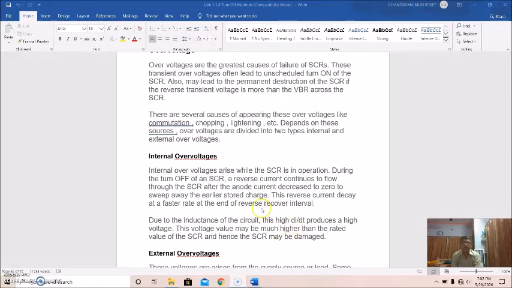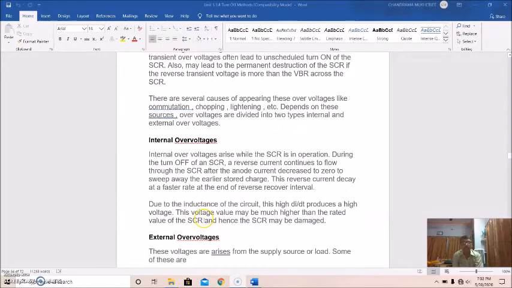This reverse current decays at a faster rate at the end of the reverse recovery interval. Due to the inductance of the circuit, this high DIDT produces high voltage. This voltage value may be much higher than the rated value of the SCR, and hence the SCR may be damaged. This is the reason behind the generation of internal overvoltage.